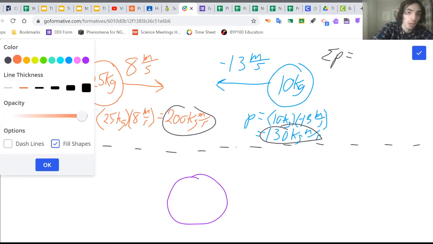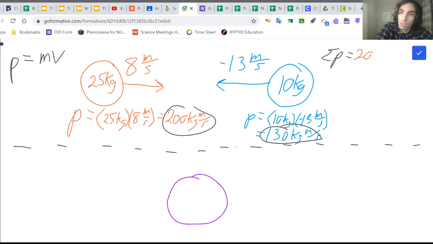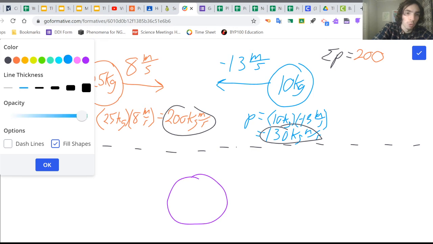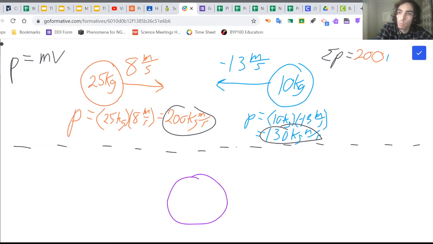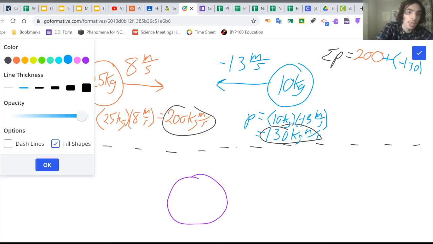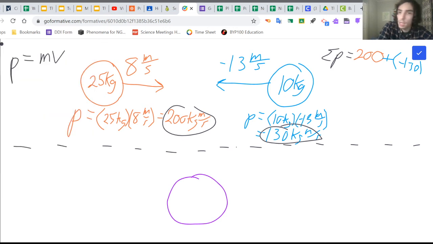So we would take our 200, and again I'm going to leave units out just because I fear that I'm running out of room. 200 plus negative 130, and that should give us 70, and that's positive 70 kilogram meters per second.